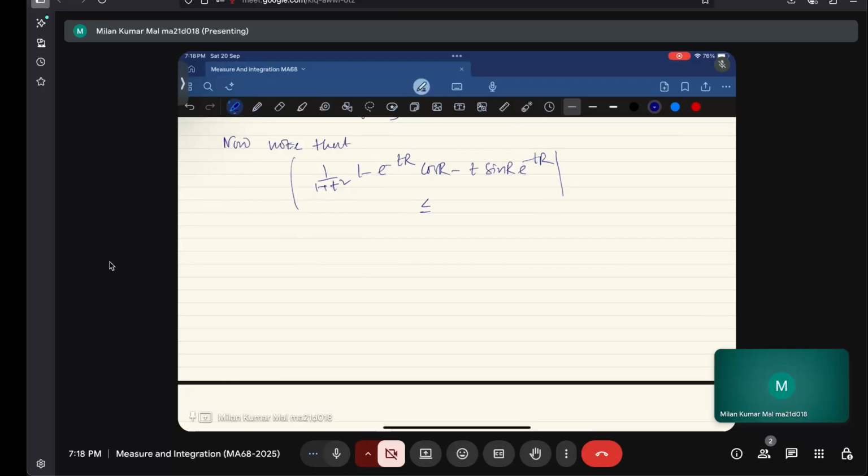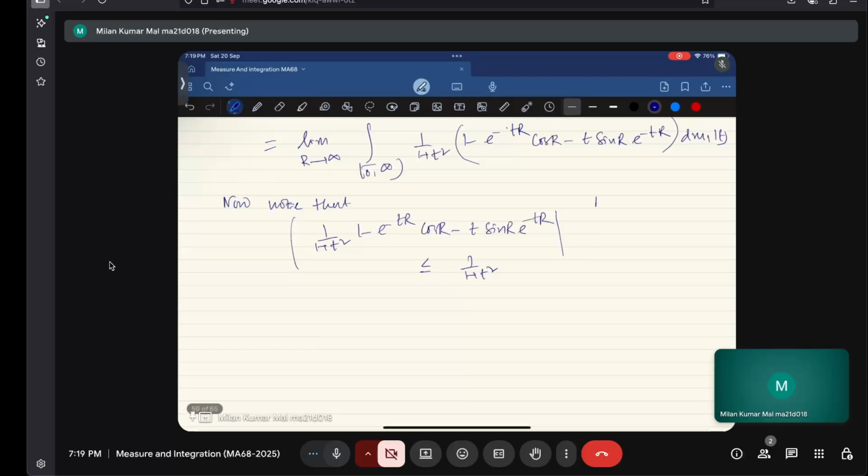so therefore it will be 1 plus t square and e to the power minus tr, which is also greater than or equal to 1.